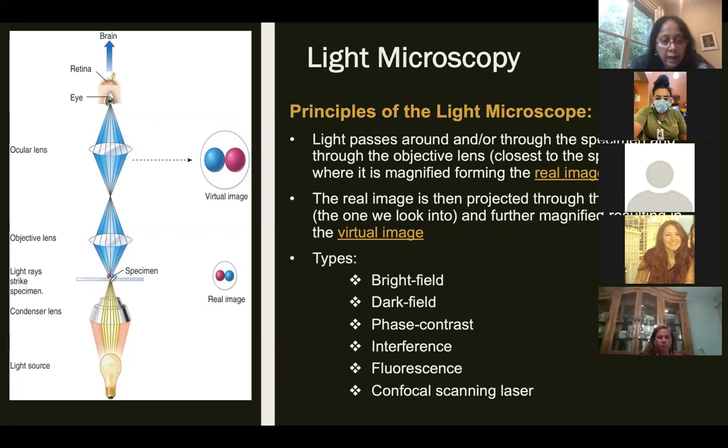From there, the specimen actually refracts light based on its opacity, not the obesity. Okay, so now the objective tries to collect as many light rays as it can, and then it creates a real image.